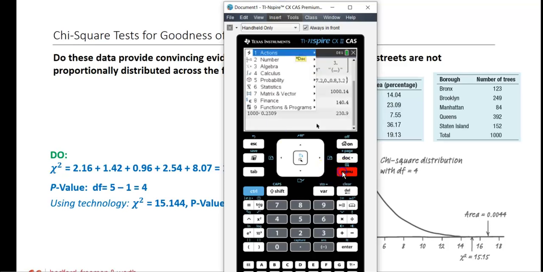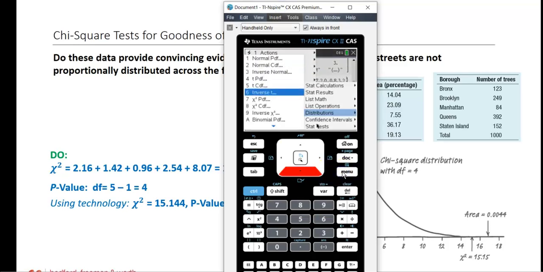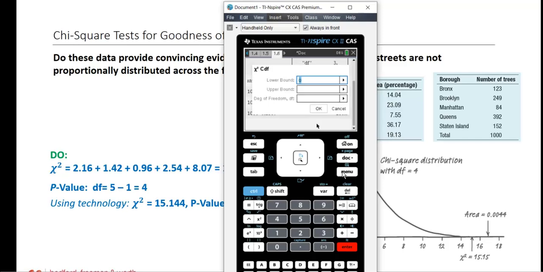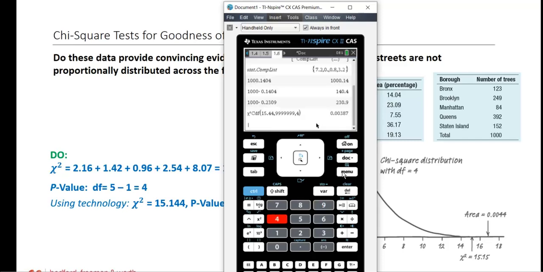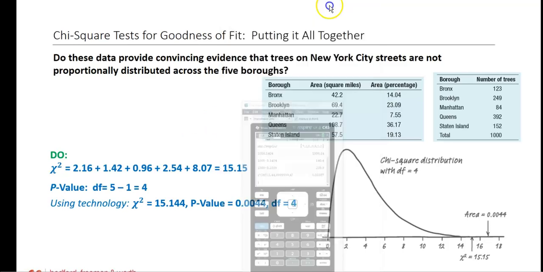So if you go to the chi-squared menu, option 6, chi-squared CDF, 15.44. It's always right skewed, so it's always going to go that way. 4 degrees of freedom, 5 minus 1 is 4. You get 0.00387.